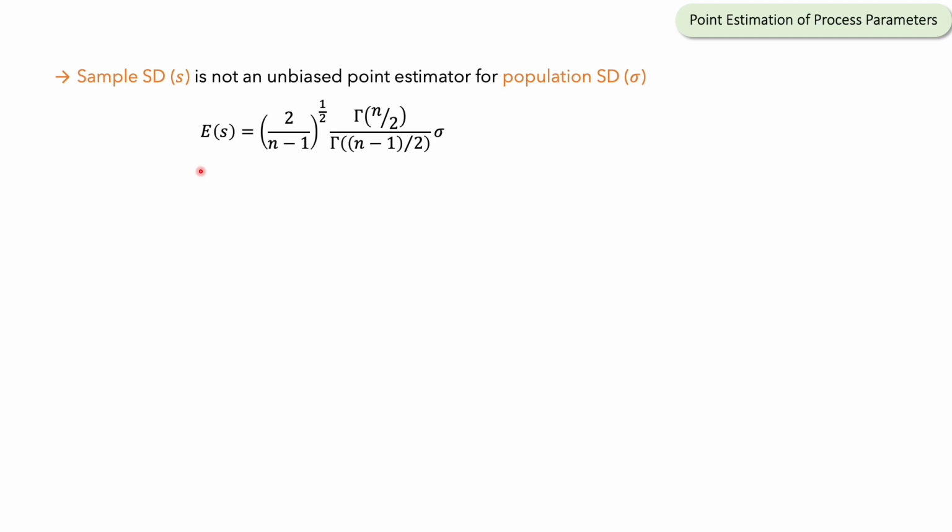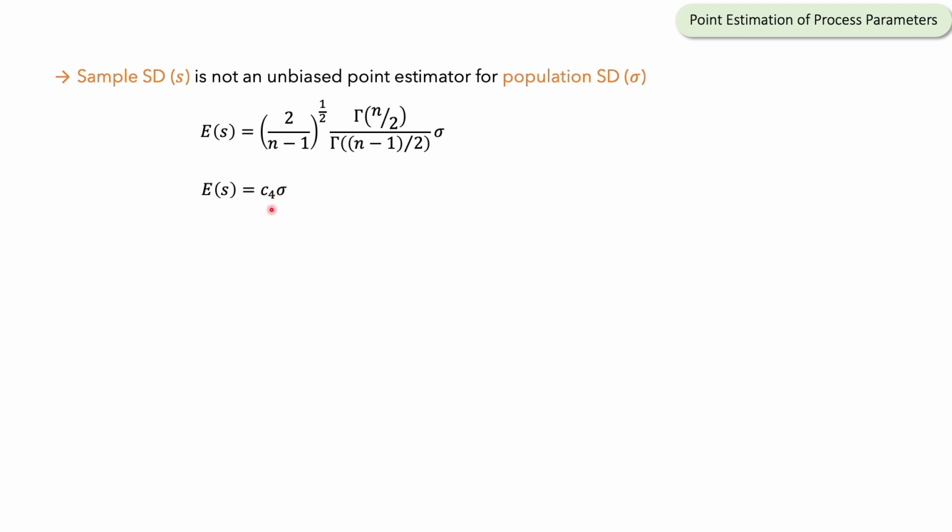But this is not the case here. The value of sample standard deviation and population standard deviation are not equal. They are related through this factor, which is shortly represented as C4. So the expected value of S, the sample standard deviation, is equal to C4 times sigma.